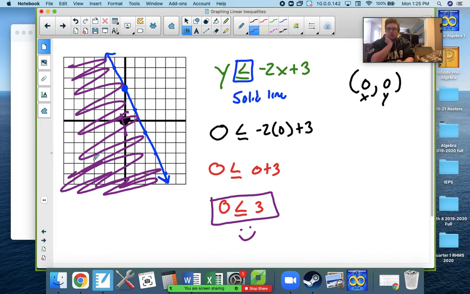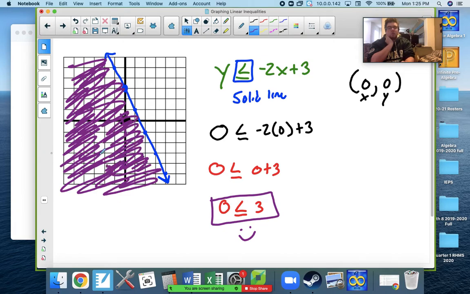You might be thinking right now, well, what if it was false? Just like the last example, if we had found out that this wasn't true, you shade the other way. That's why it's just good to pick any point. So if I were to plug in this point right here, that's (4, 1). I plug that in, so 1 is less than or equal to negative 2 times 4 plus 3.